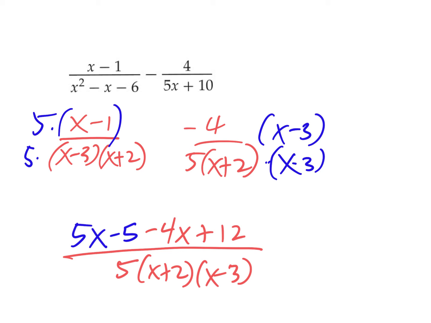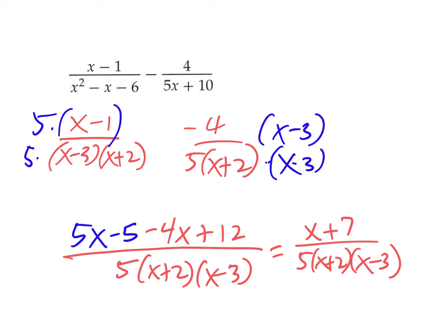Now, from here, I can simplify on the top. So what do I get when I simplify on the top? Plus 7. Now sometimes when you get to this point, like if this was an x plus 2, then you could cancel them.